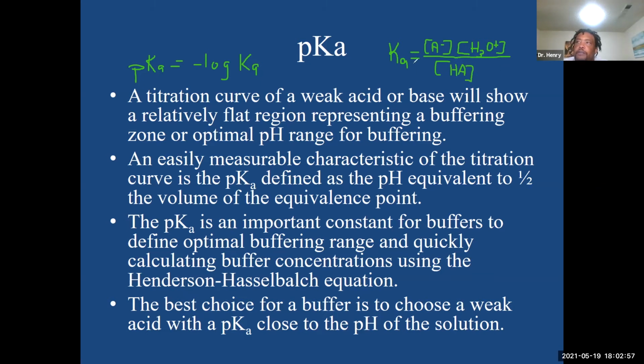Okay, so we substitute this in for our Ka, we get pKa equals minus log of the concentration of the conjugate base times the hydronium ion concentration divided by the acid.